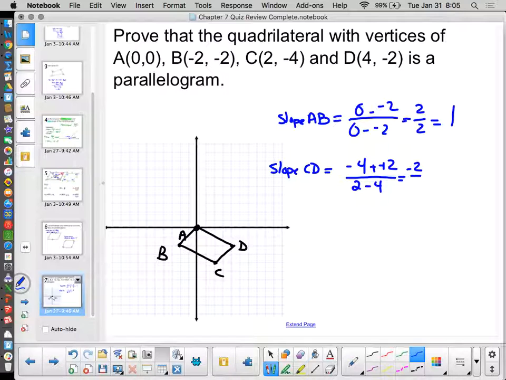So that's -2 over -2, which is 1. Aha! They have the same slope, so I make my conclusion. AB is parallel to CD. And kind of circle that. Aha! I've made a conclusion based on what I've done. Am I done? No, that's one pair of sides parallel.